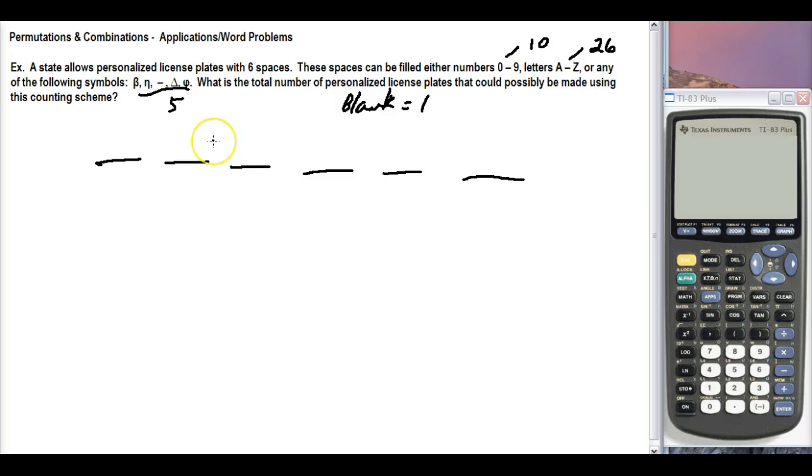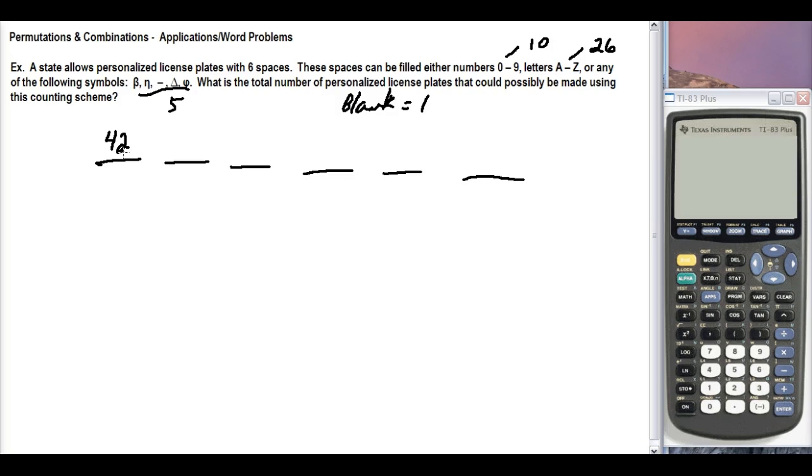And so in particular, the fundamental counting principle, which is a form of a permutation. And so if we add up everything, we see that we have our 10 plus 26 plus 5 plus 1, all that ends up being 42. So for our first space, we have 42.